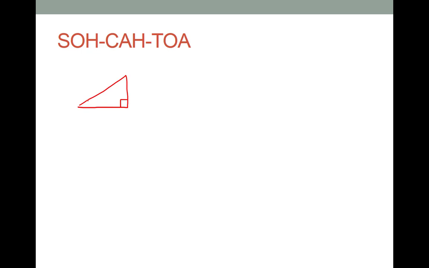They're not a, b, and c anymore. What I do is I define an angle. This is the Greek letter theta. The side opposite theta I represent with an O for opposite. The side adjacent I represent with an A for adjacent. And the side opposite the 90-degree angle is the hypotenuse.